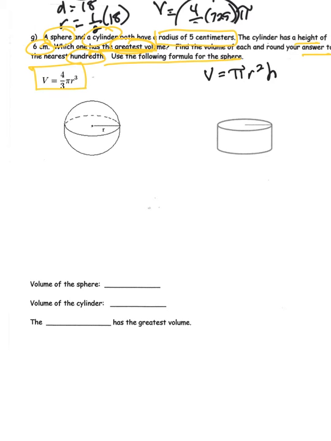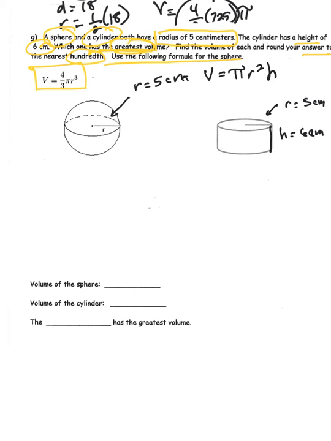So we're going to start with the volume formula of a sphere. You're going to notice they haven't marked the dimensions, but up at the top they did say that the radius of both of them is 5 centimeters. So this radius is also 5 centimeters. They also told us the height of this cylinder is 6 centimeters.